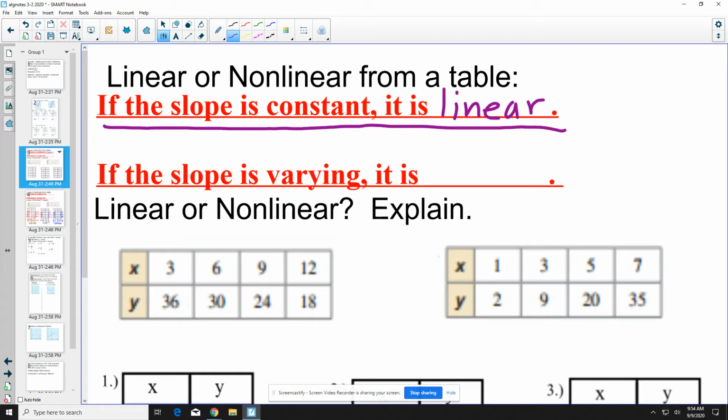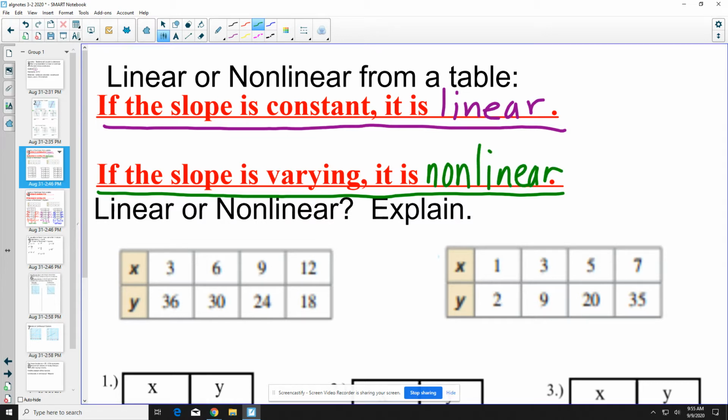So if the slope is always the same, it's going to graph a line. Okay, write your second sentence in the notes. If the slope is varying, it is blank. Okay, varying means it varies. It's different. So the slopes are different. If the slope is varying, it is nonlinear.